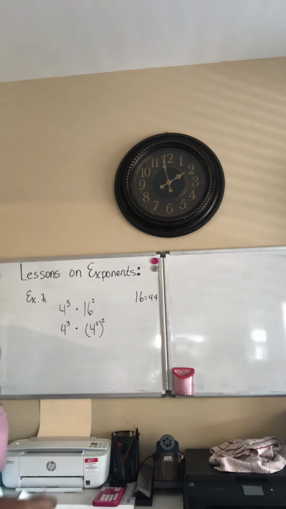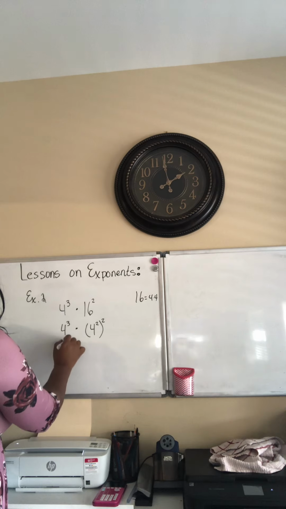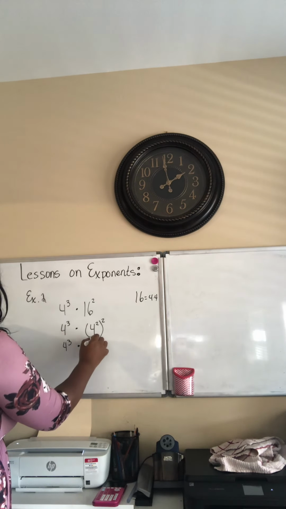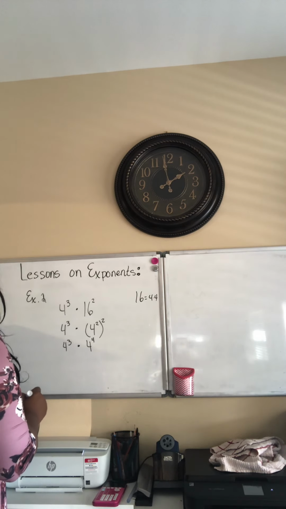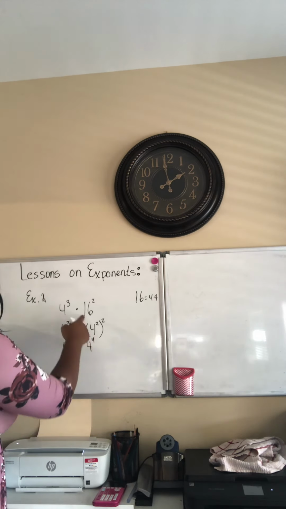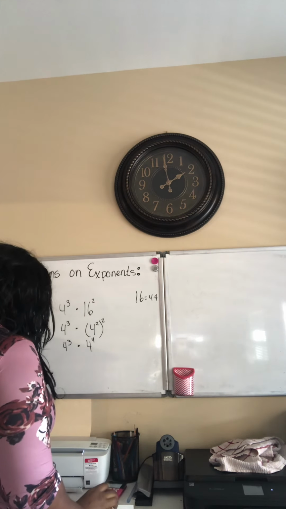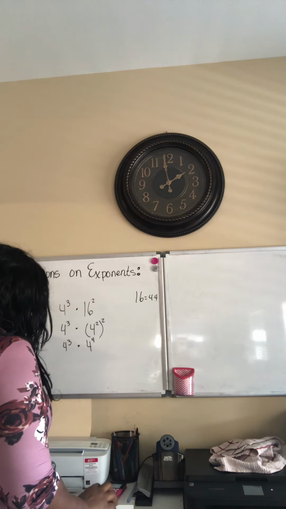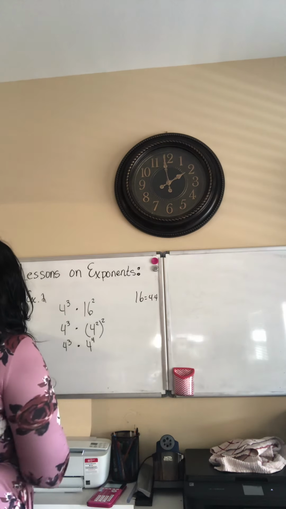So we take 4 cubed and leave it, times 4, 2 times 2 here is 4. So 4 to the 4th power should be the same as 16 squared. Let's double check that and make sure. We have 4 times 4 times 4 times 4, which is right. So, yes, they do equal.